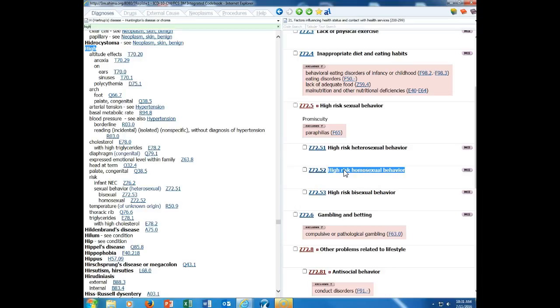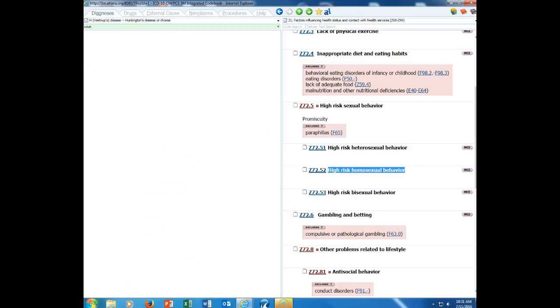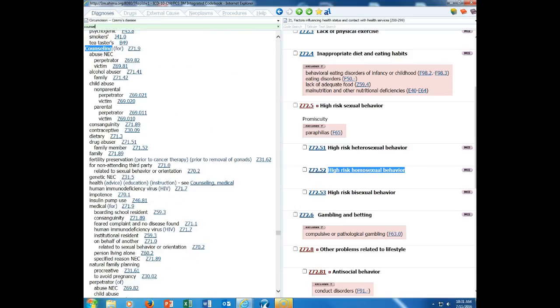In this next example on page 183, the patient comes in for tests that are negative, and they are counseled regarding HIV prevention. And we can go counseling for human immunodeficiency virus Z71.7.